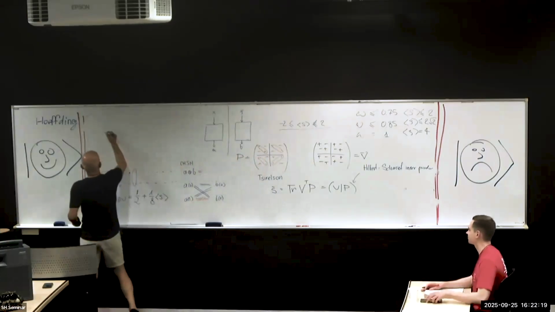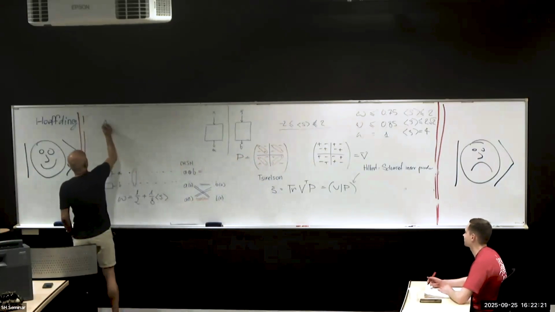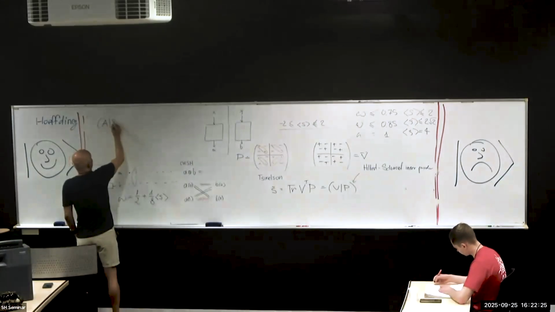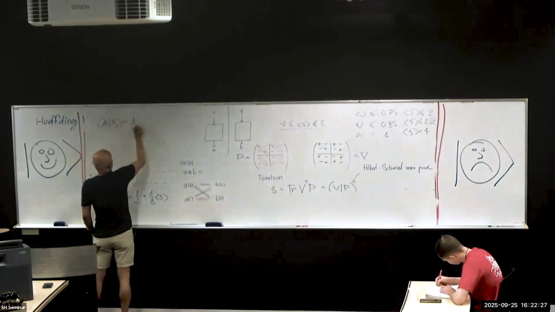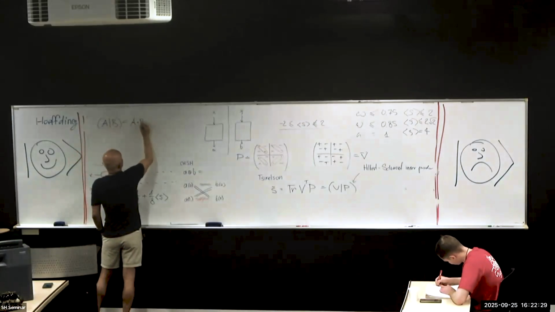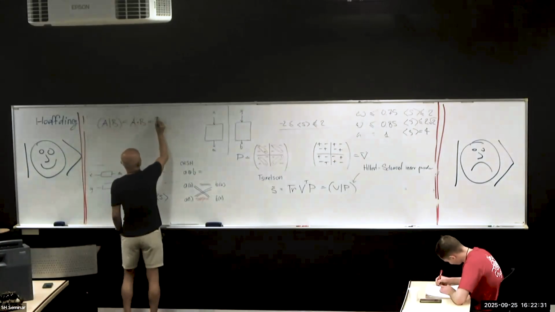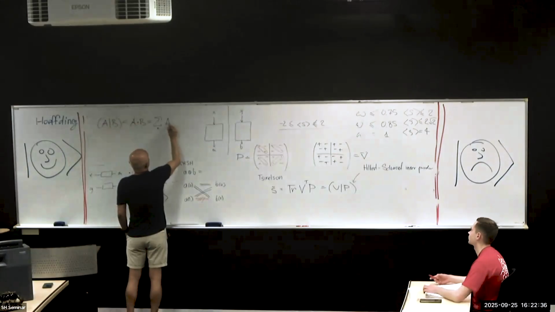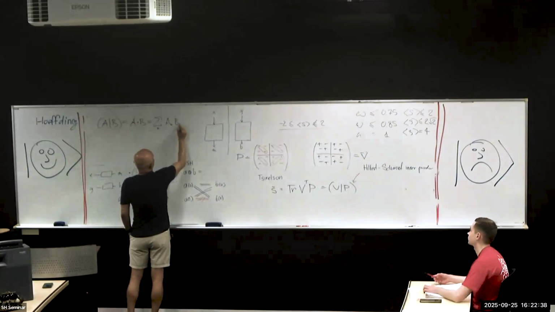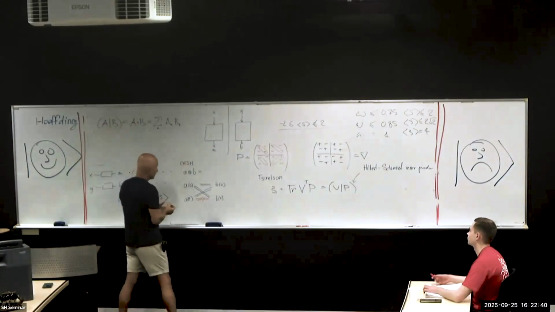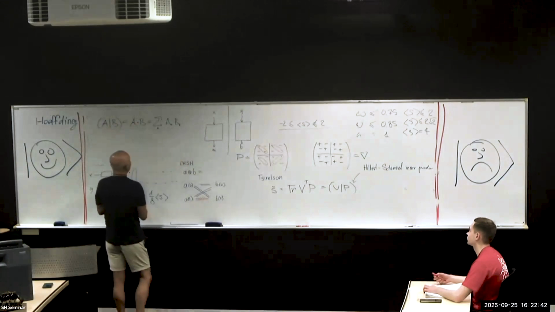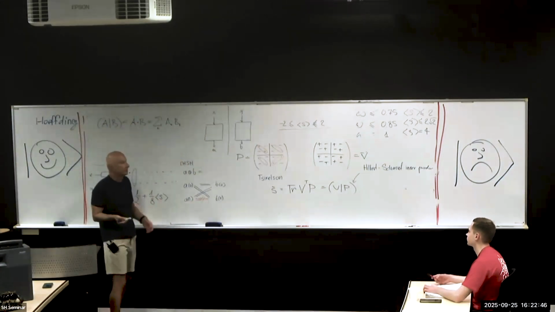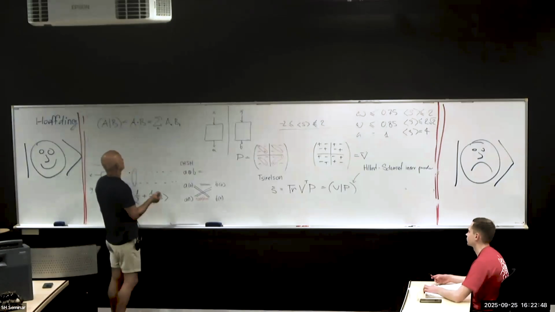For example, you take a scalar product of two vectors, A and B. Sometimes you may want to write a scalar product this way, or this way. But in terms of components, you write it as the sum over K of A_K B_K. Now suppose your K is composed of two indices.